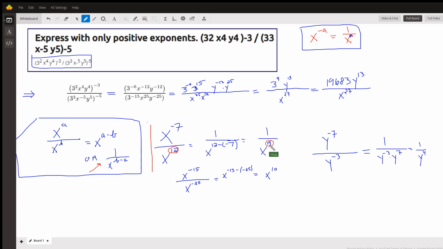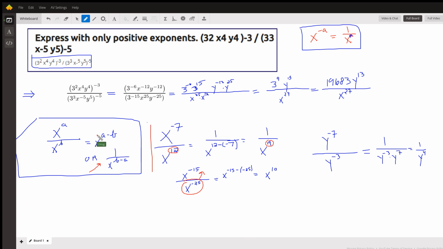The exponent's positive. If you have x to the minus 15 over x to the minus 25, since the absolute value of negative 25 is bigger than the negative 15, you want to get this power up here. And you can think of it this way, x to the minus 15 minus a negative 25.